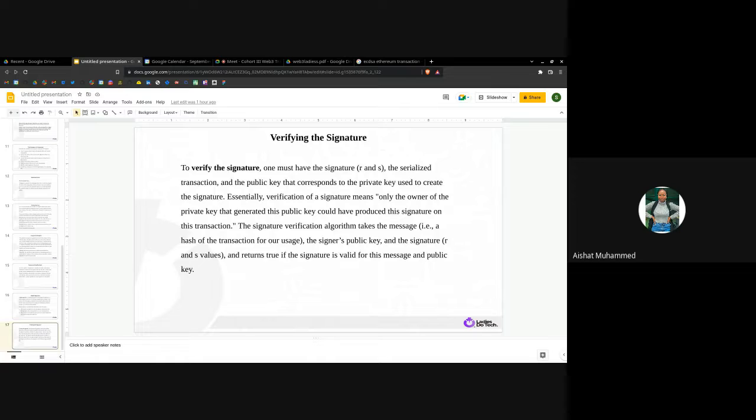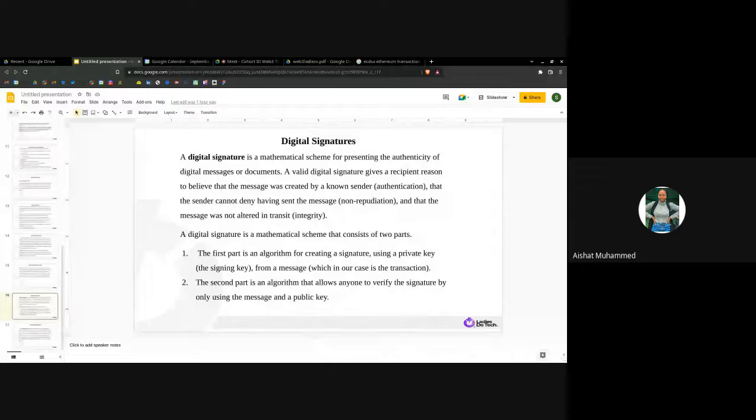Then can you clarify the second question? Yes. I got this from where you just said the digital signature contains two parts. To confirm the authenticity of the message you are sending, so that they will know this is the actual person that sent it, there's supposed to be a digital signature. And he said this digital signature is going to contain two parts.